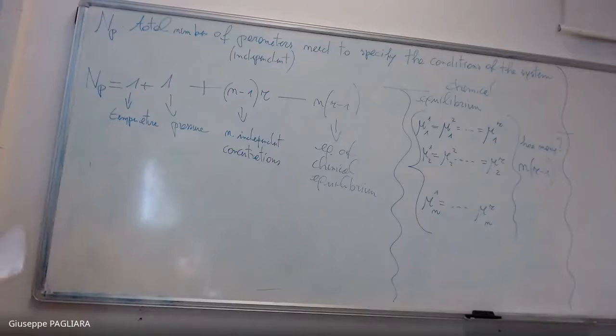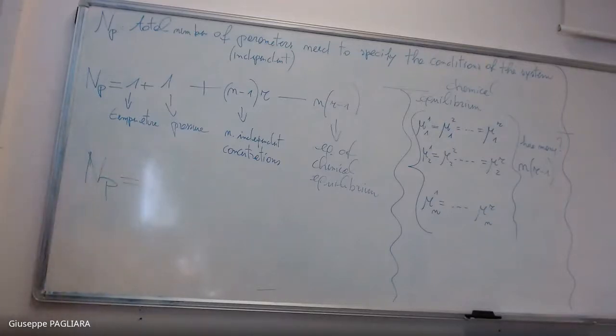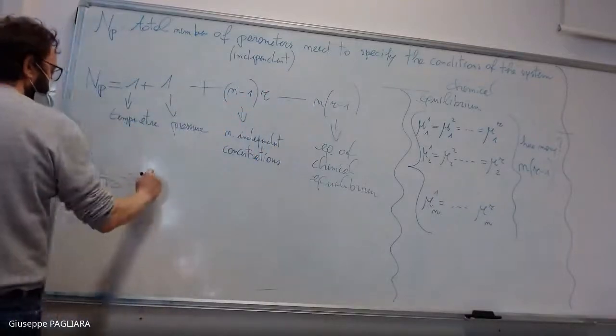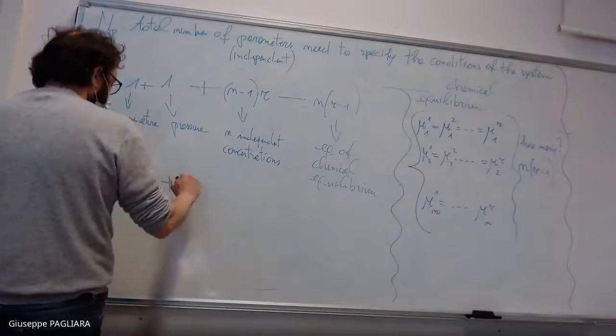Okay, so the total number of independent parameters is provided by these equations, which at the end gives the following number: 2 plus n minus r. The r goes away in the product, so it's 2 plus n minus r.